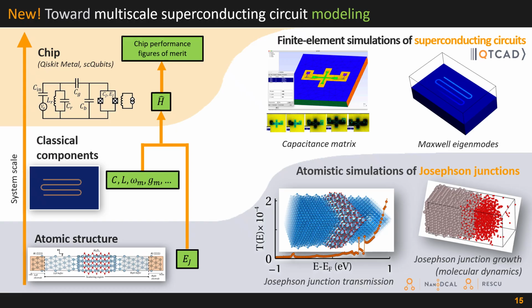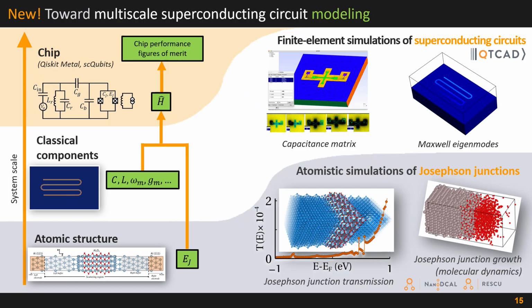These parameters determine the Hamiltonian of the chip, which can itself be solved using open source software such as QuTiP or scqubits, leading to the calculation of key figures of merit of performance of those chips.